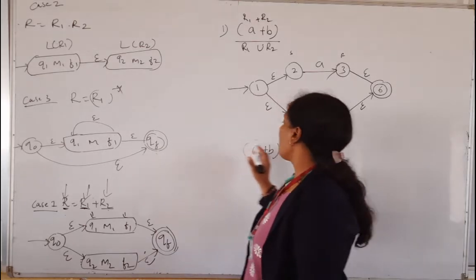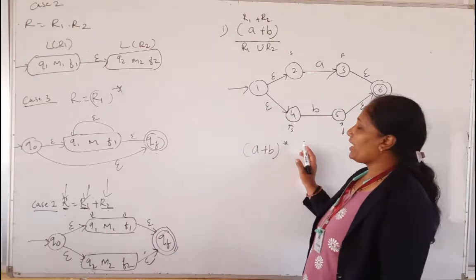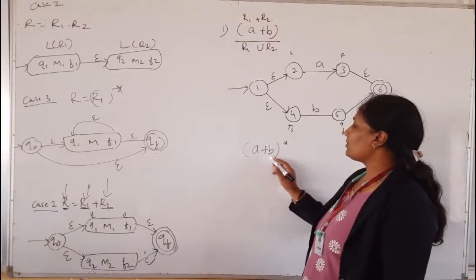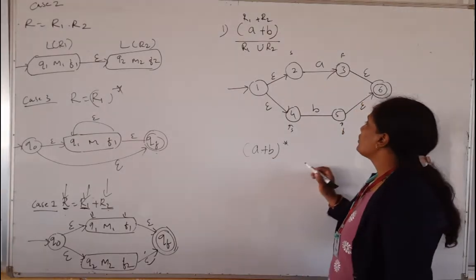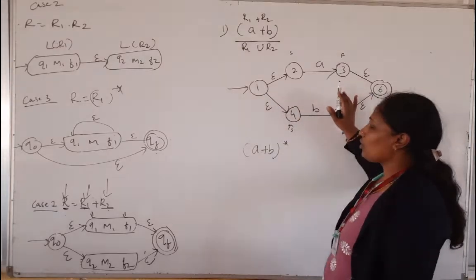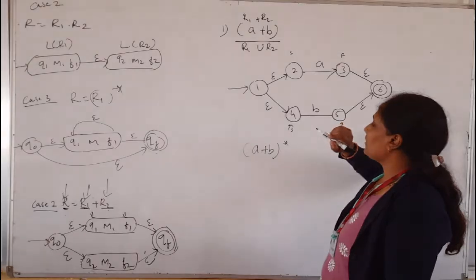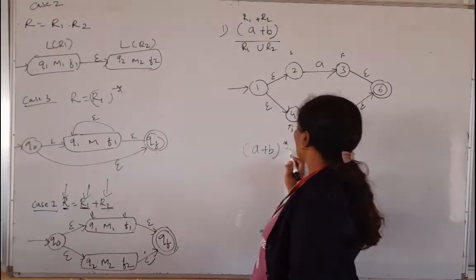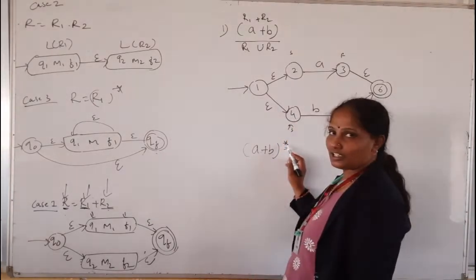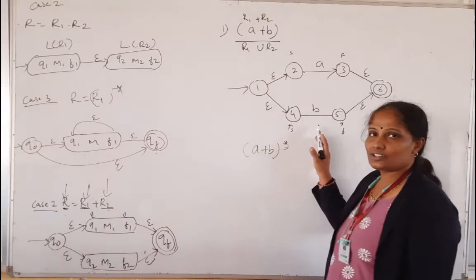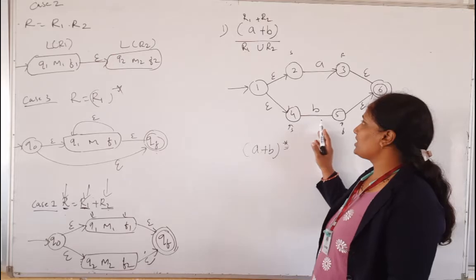Let's see how to apply case 3 to construct the FSM which accepts (A plus B) star. I already know this FSM is for A plus B. Next, I should consider the star, the Kleene closure, and modify this regular expression A plus B.